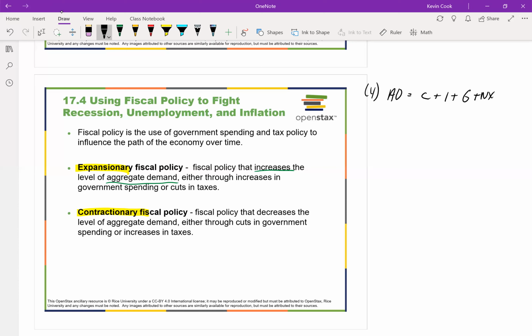So when we think about what each of these are composed of, if a policy basically increases spending in some way, it's going to be considered an expansionary policy.